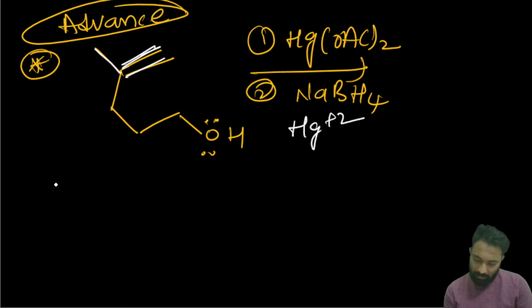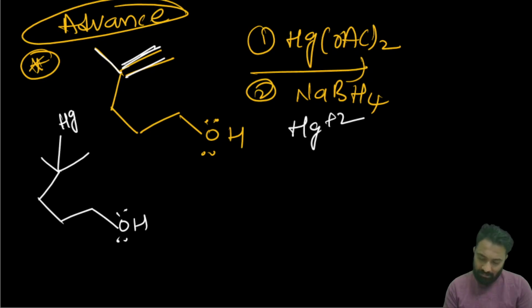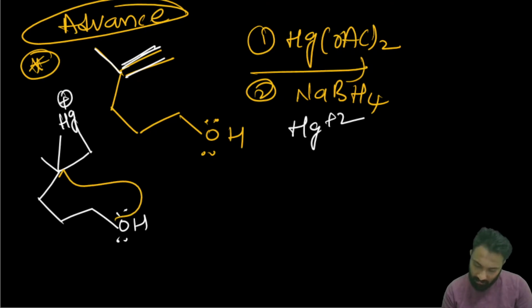Then the cyclic transition will form. In this manner the cyclic transition, the Hg plus, will form. After that, the oxygen lone pair of electrons will do the intramolecular reaction.